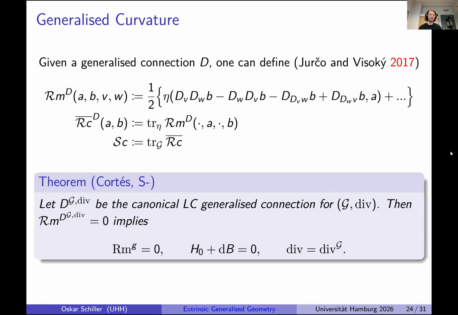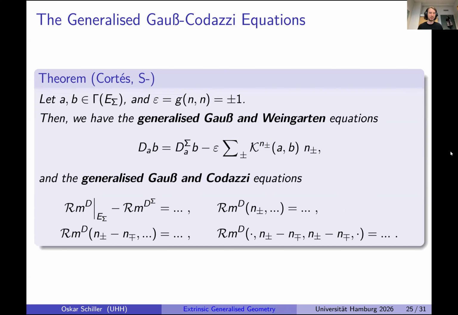So the normal metric associated to the generalized metric has to be flat, the effective twist has to vanish, and the divergence operator has to just be the metric divergence operator. This will be relevant later, but okay.